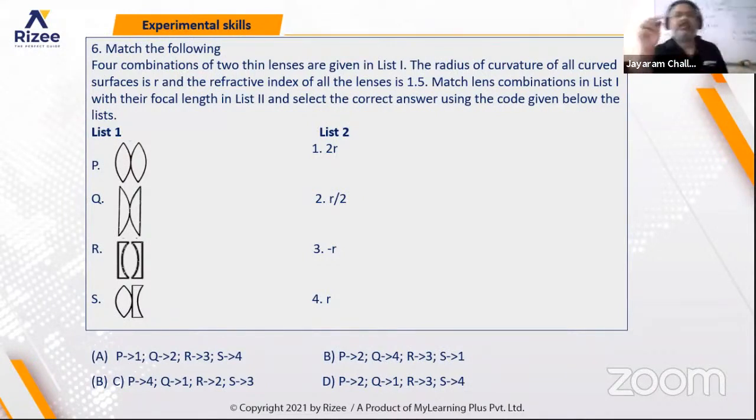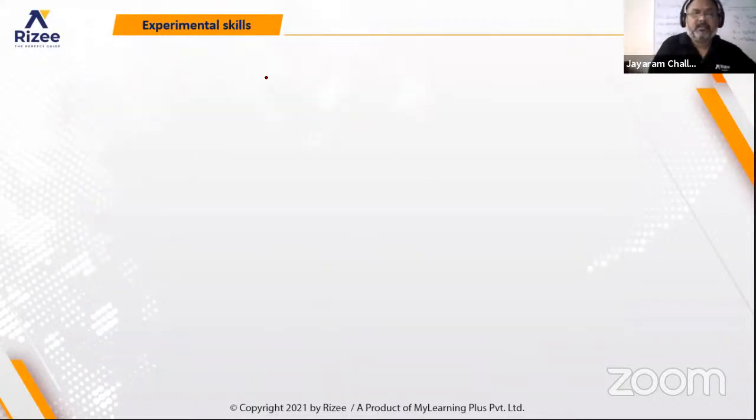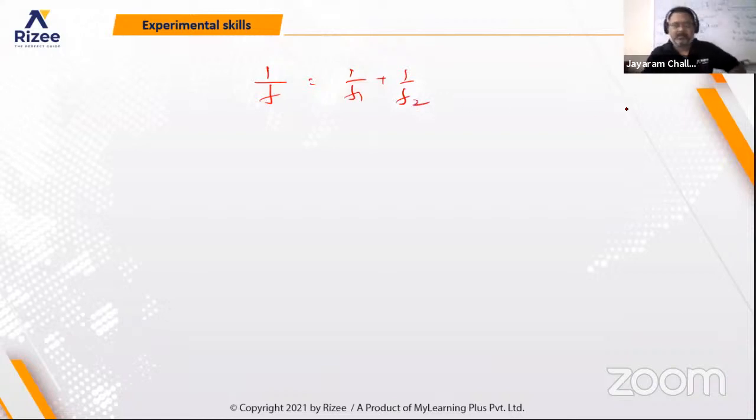This is another interesting question where a combination of lenses is given. Both of them are double concave lenses which are joined, a grouping of lenses basically. The basic formula for the focal length is 1 by f is equal to 1 by f1 plus 1 by f2, if there is no gap between the lenses or the mirrors.